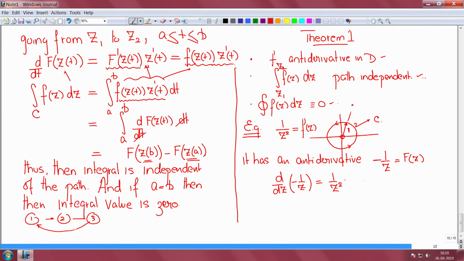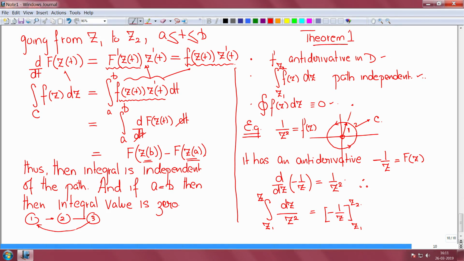And therefore the integral from z1 to z2 of dz over z square is equal to the antiderivative minus 1 by z evaluated between z1 and z2.